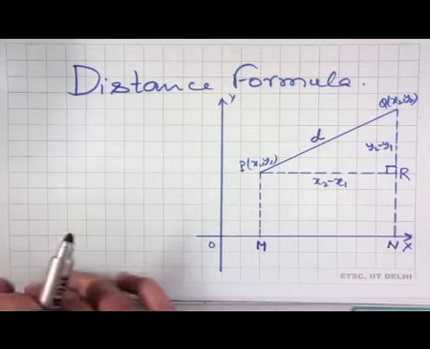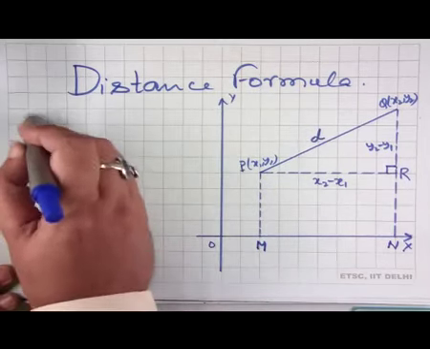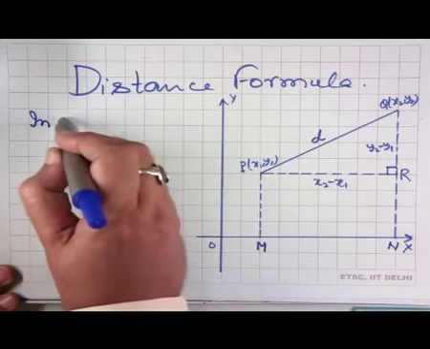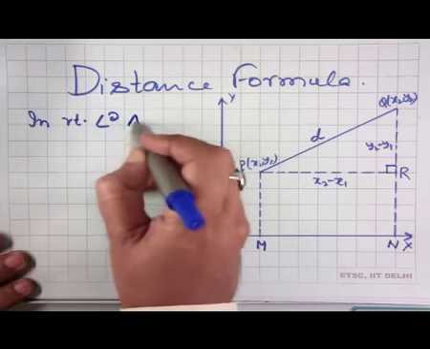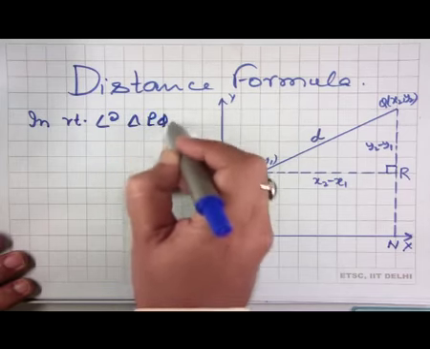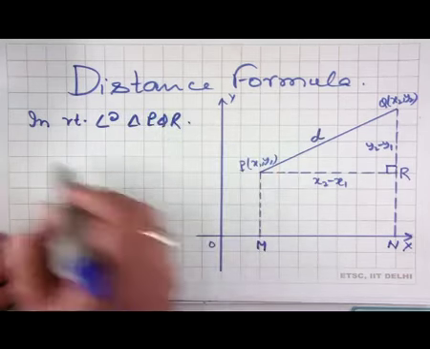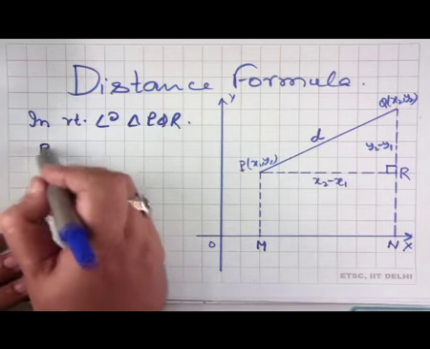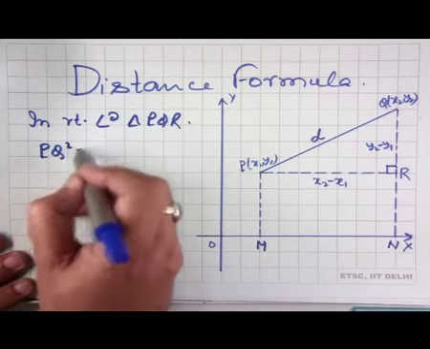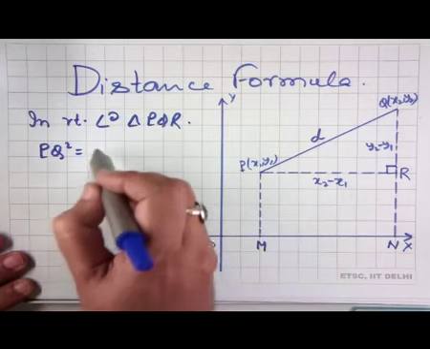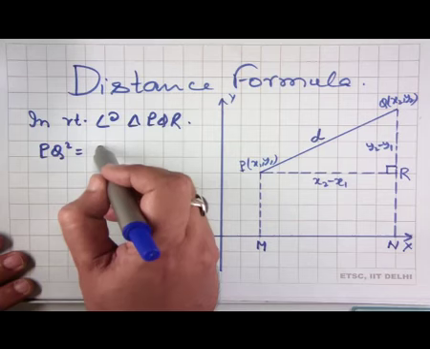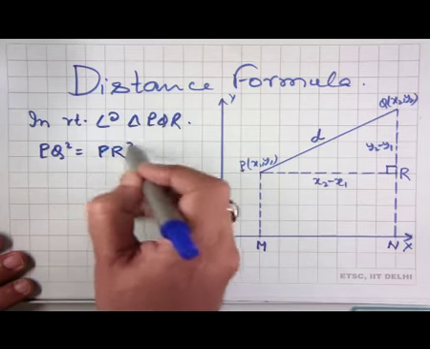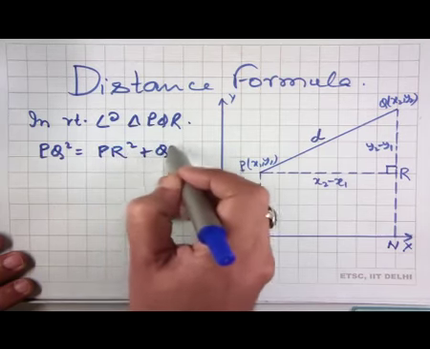So, by Pythagoras theorem in right angled triangle PQR, PQ square is equal to PR square plus QR square.